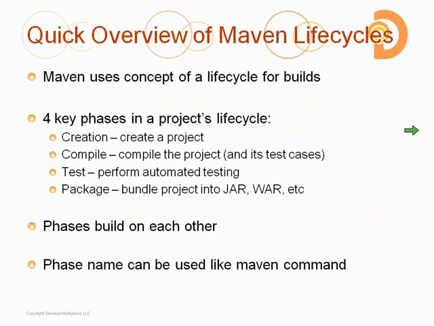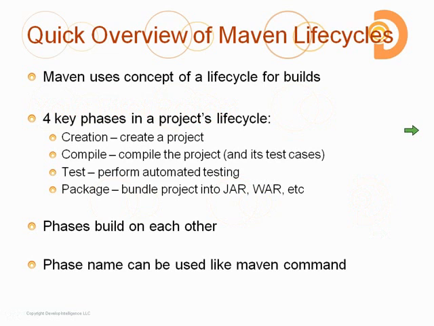Project creation. I'm creating a greenfield project from scratch. Project compilation. So now I'm trying to obviously build a project. Testing, obviously I want to do some unit testing or automated testing with my project, and then packaging. So those are the 4 key project lifecycle phases that I as a developer using Maven will interact with.